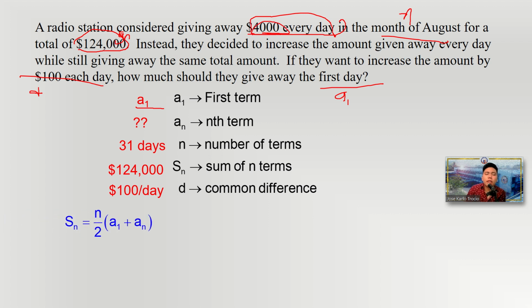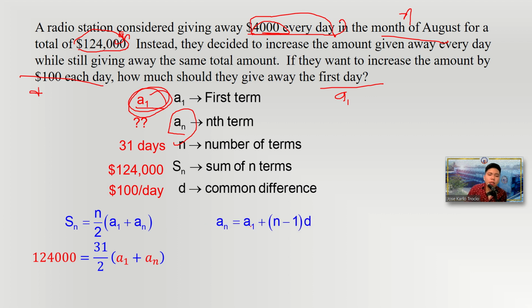So with that, let us use this equation to find the value of a sub n. We do not know the value of a sub n, and we are looking for a sub 1 primarily. So for us to know a sub n, let us use the other equation.